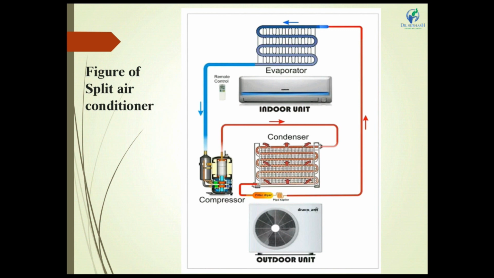But the main part is the split air conditioning system. We split two components inside the room, the evaporator and expansion valve, and outside the room the compressor and condenser. We split the four parts into two parts to reduce the noise and vibration inside the room.